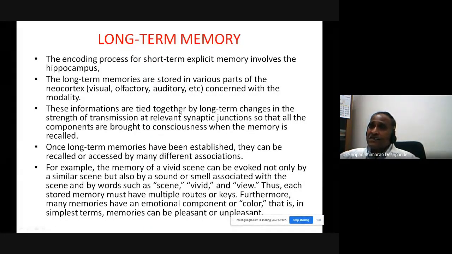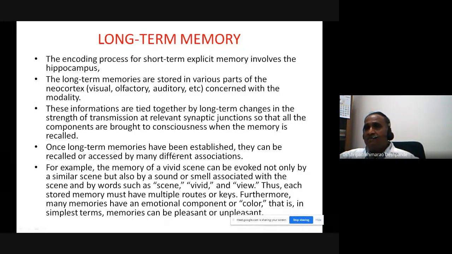This information is tied together for long-term changes in the strength of transmission, meaning synaptic transmission. For all these things you need to have consciousness when the memory is recalled. That means you have to be attentive, and that attentiveness stores the memories as well as brings them back.